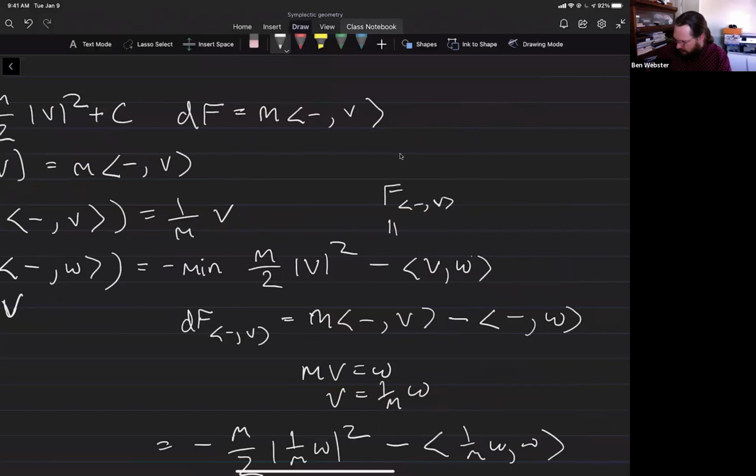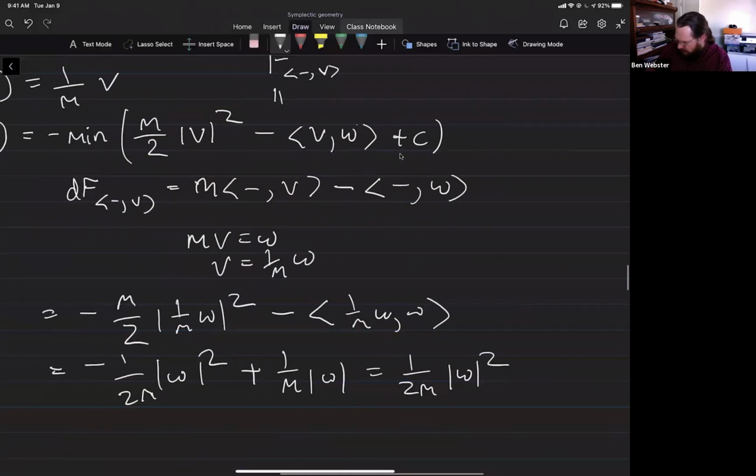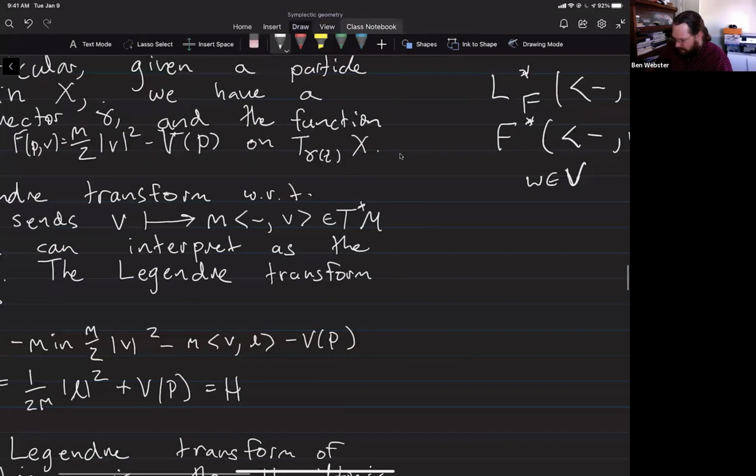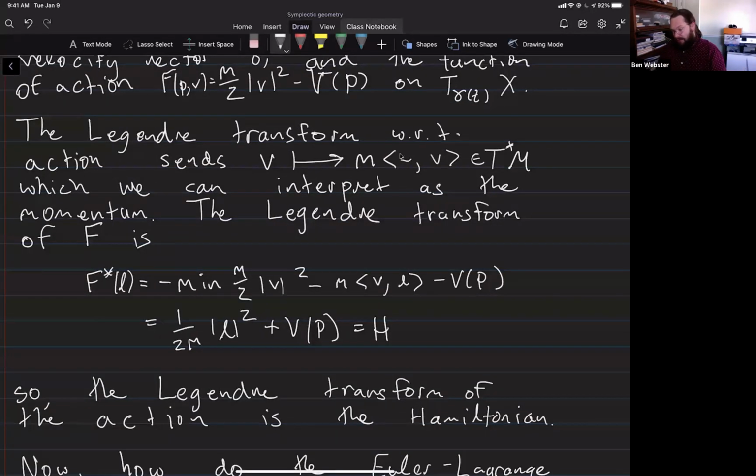I would have gotten minus the min of this plus C. That derivative doesn't change. So I get minus C, minus C, minus C. So if I add a constant, that constant switches sign. And when I put in the action, I get the Hamiltonian.